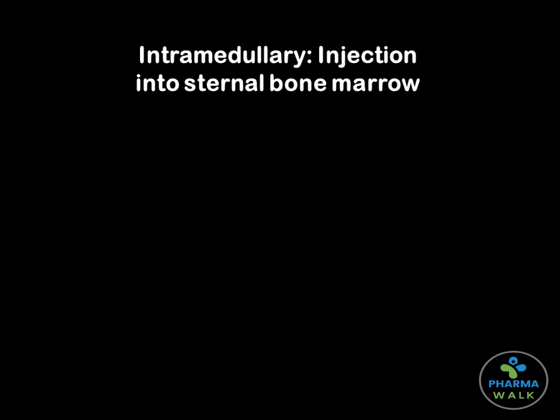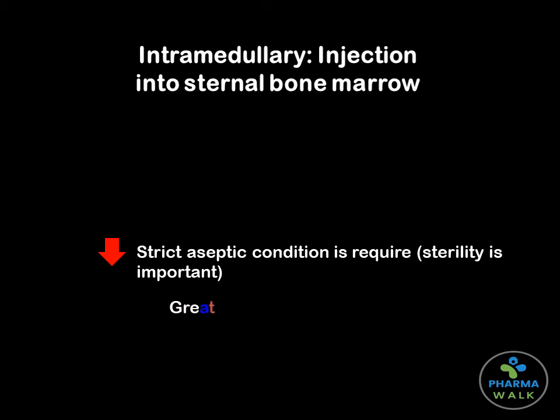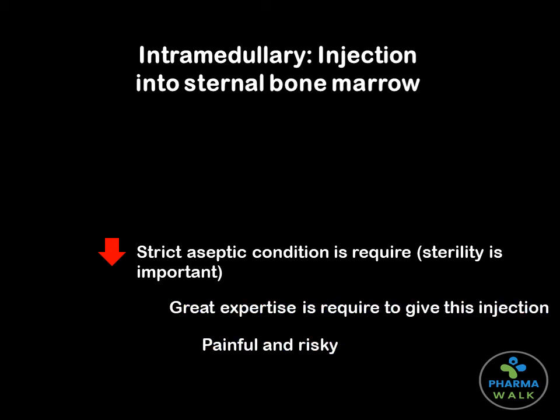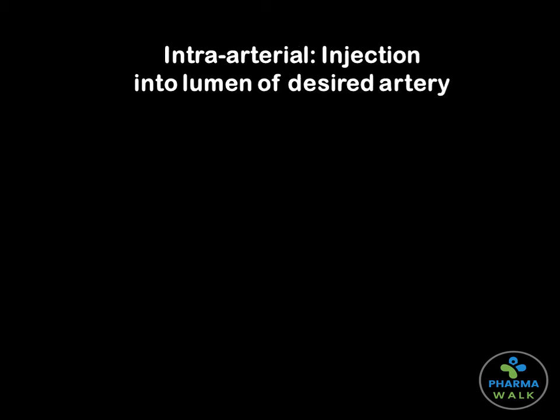Next route, intramedullary, which means injection into the sternal bone marrow. Merits: faster onset of action. Demerits: same strict aseptic condition is required, great expertise is required, and again it's painful and quite risky.